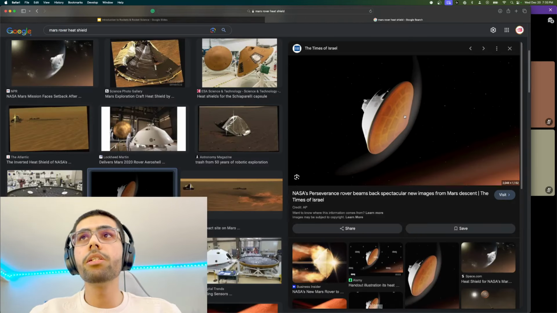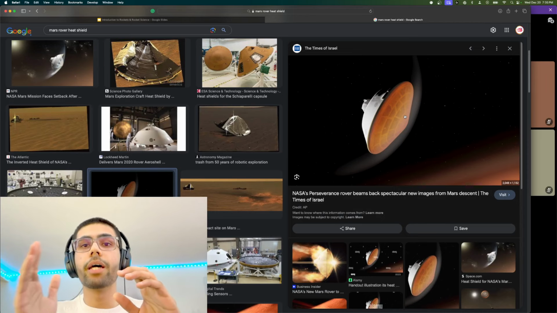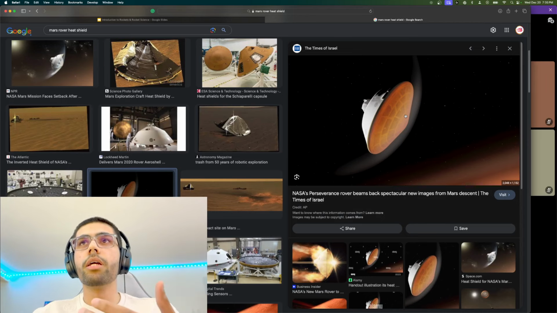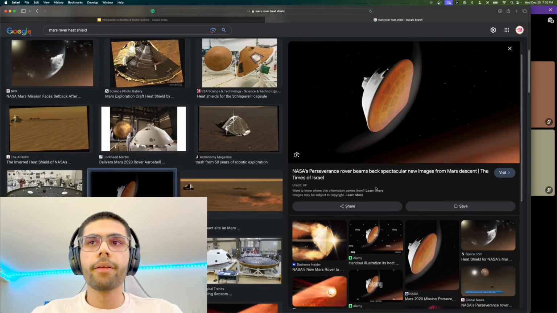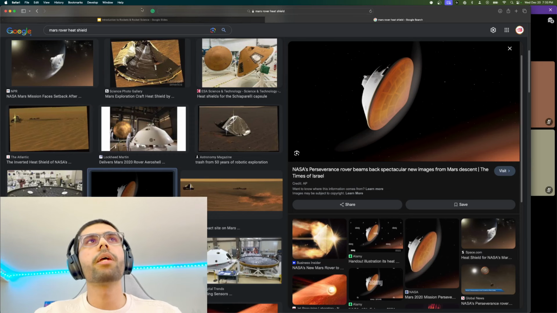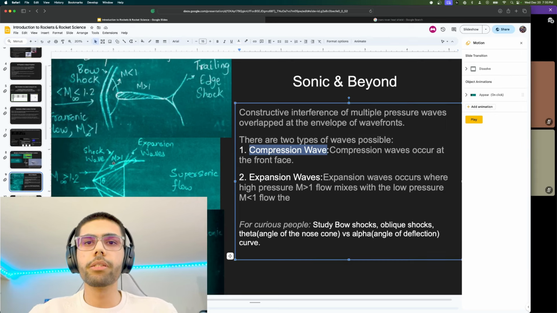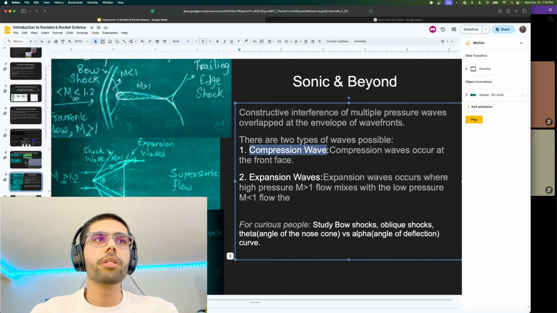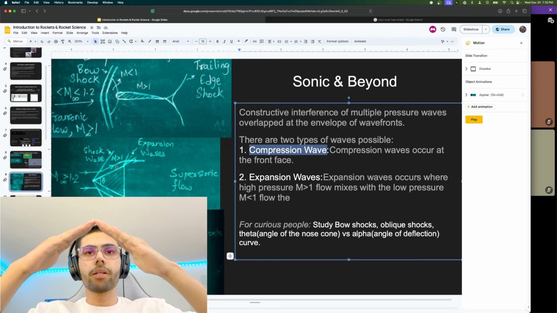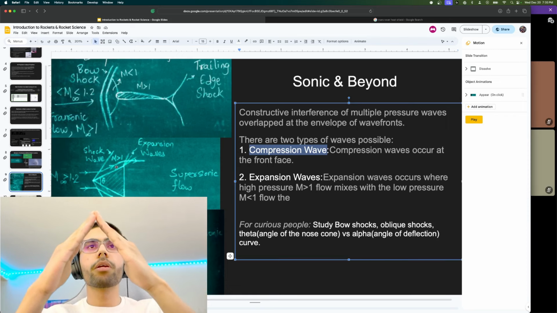In heat shields, we want the shock wave to be detached. Otherwise, it's going to eat the heat shield. It's going to destroy the heat shield completely. That's why we use a very blunt shape. And if that's not a concern for you and you want higher speeds, then you can go on to the pointy shape. But even then, you would not want your shock wave to compress more than a particular angle.